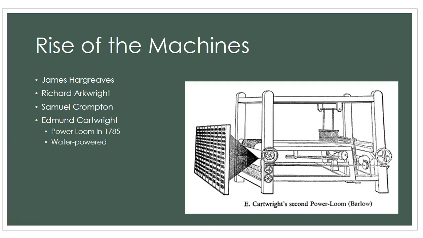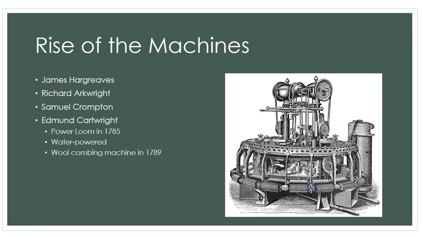And here we can see his second design for a power loom on the right. And Cartwright didn't just speed up production in this way. He also further sped up production when he created a wool combing machine in 1789. And this would help take the raw wool and turn it into something that could then be spun faster.